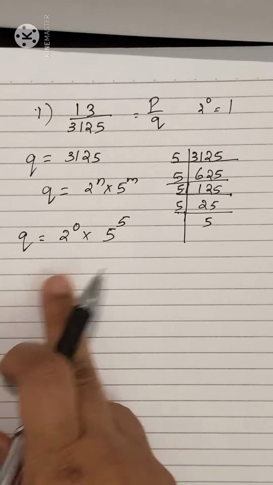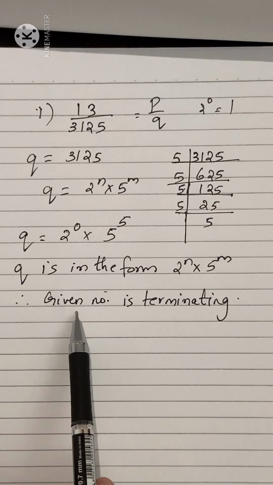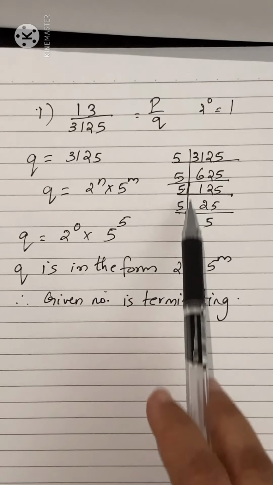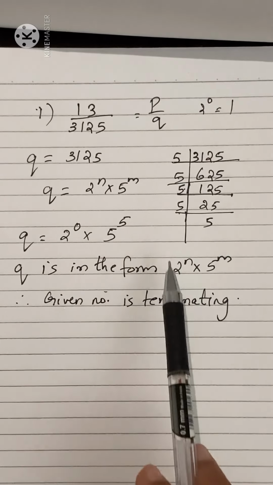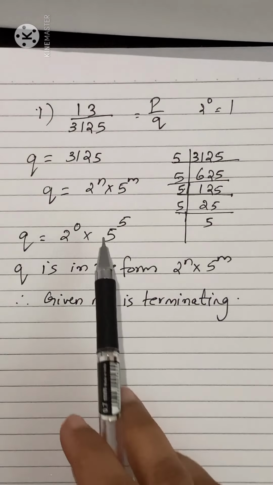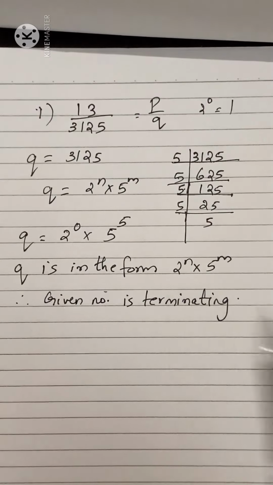So the denominator comes in the form 2 raised to n into 5 raised to m. Therefore, the given number is terminating. There is no problem if 2 alone comes, 5 alone comes, or 2 and 5 together come, the number is terminating. Here there is no 2, that is why we write 2 raised to 0.